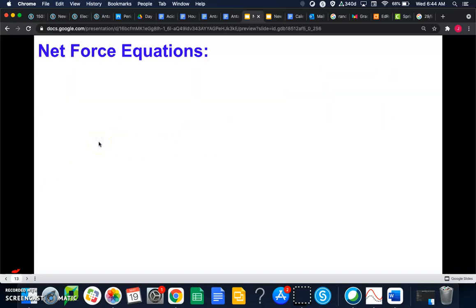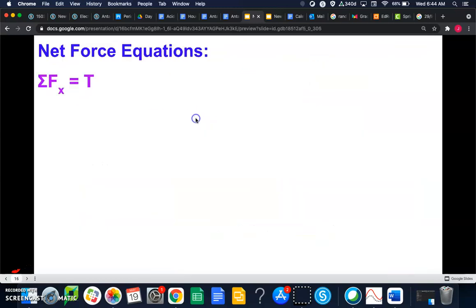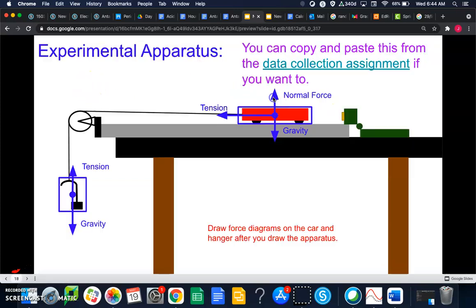So for theoretical net force, remember your equations. So we've got our sum of forces in the x direction. For this diagram, that's just going to be the tension. That's the only force moving in the x direction. Sum of forces in the y direction, so that's up and down. Well, we could include the normal force and the force of gravity that's on the car, but those two really cancel each other out, and the car isn't moving up or down.